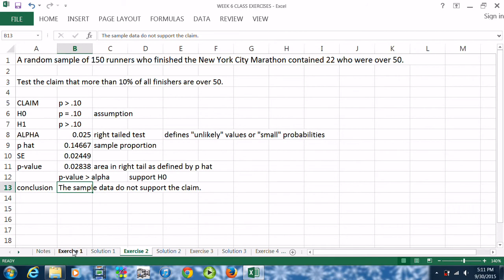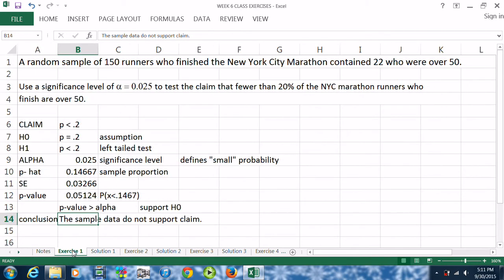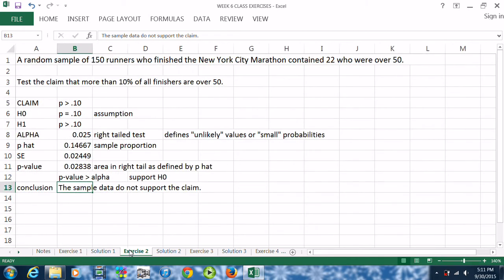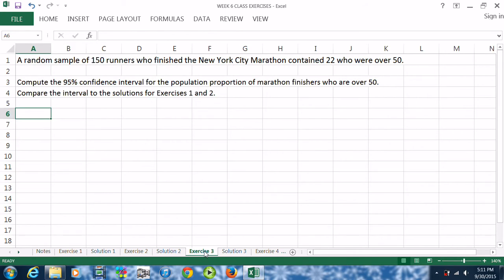Now what's interesting here is we did one where the claim was less than 20%, did not support. So we thought, okay, how about greater than 10%, did not support? Let's take a look at how that corresponds to a confidence interval. Remember, we are setting up these tests so that the left and right tails have 0.025 in them, which would correspond to a 95% confidence interval.